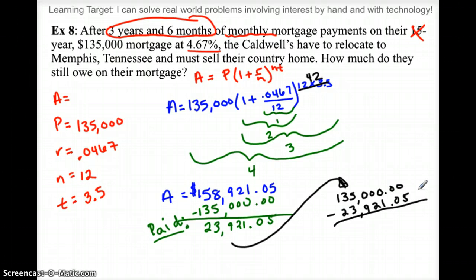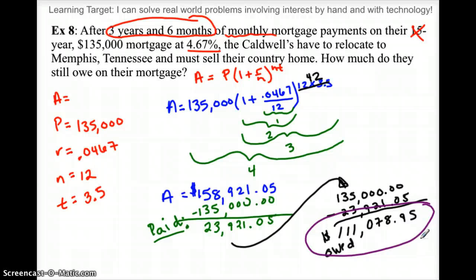That's what I still owe on the house after 3.5 years of paying the mortgage. $111,078.95. So this is what's owed, which is what I'm asked to find. So this is my final answer.